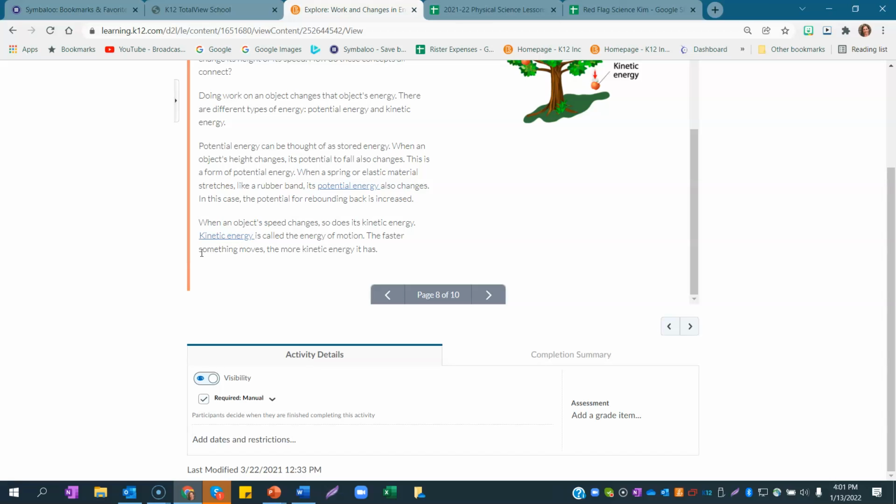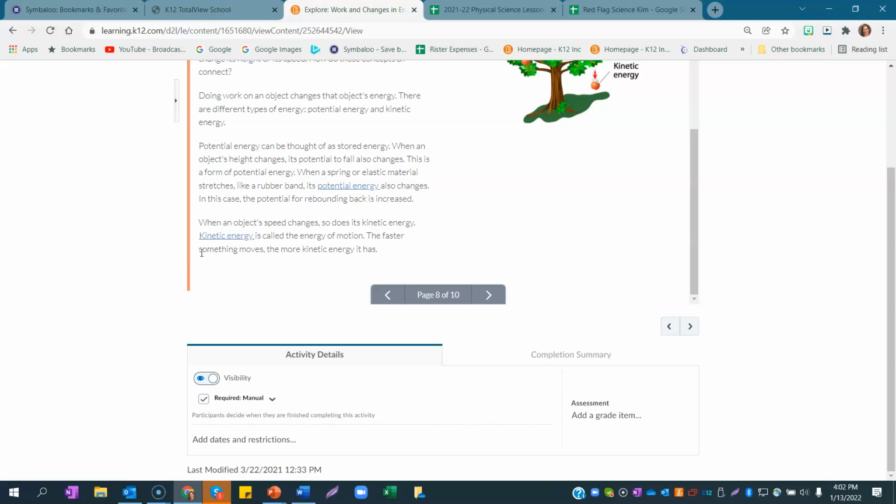So the difference between kinetic and potential: potential energy does not mean the object is not moving at all. It just means that its position is going to affect how much potential energy. The more height something has, the higher the potential energy.